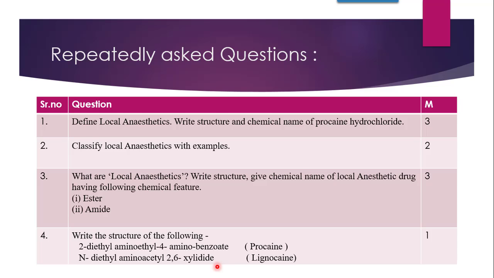Other derivatives or other drugs are also there, but from the structure point of view, the ester derivative procaine is important, and the amide-containing lidocaine is important. There are many more examples, like procaine also includes chloroprocaine. Then lidocaine is there.